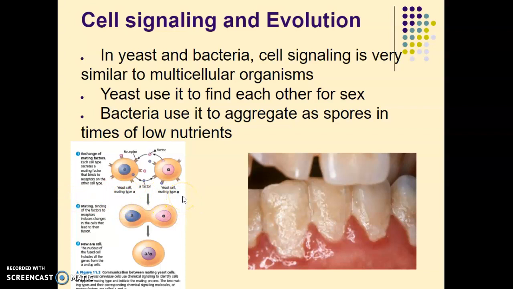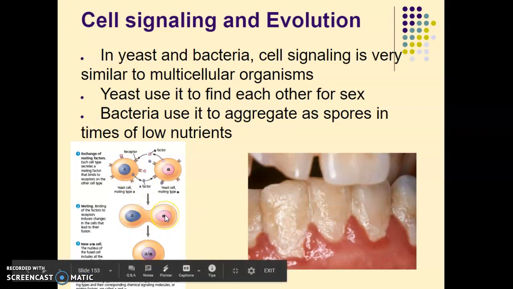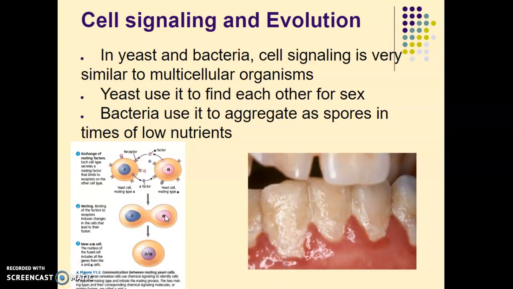What's happening is that if they're different mating types, these yeast cells that meet up with each other will send their factors. So the A yeast cell will send its A factor, and then the mating type alpha will send its alpha factor, and then they will send those signals to each other, and then they will fuse together, and that creates what we call a diploid nuclei, which means that it has the genetic information from both mating types.